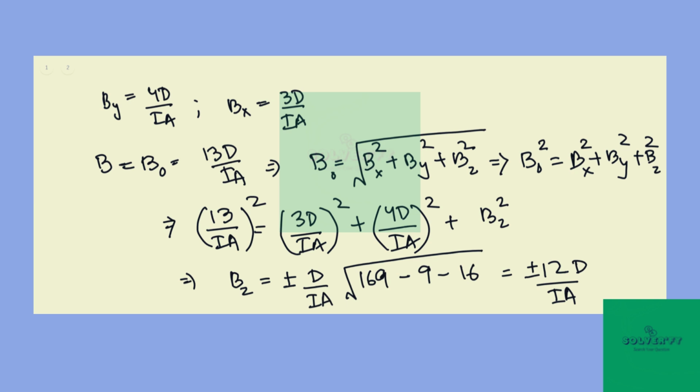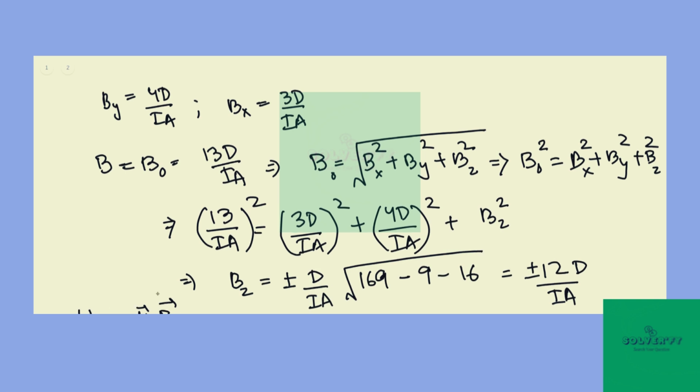And the potential energy is equal to negative mu dot B, and mu being negative determines the sign of Bz. So now you can see we have two possible values for Bz, and U should be negative here.